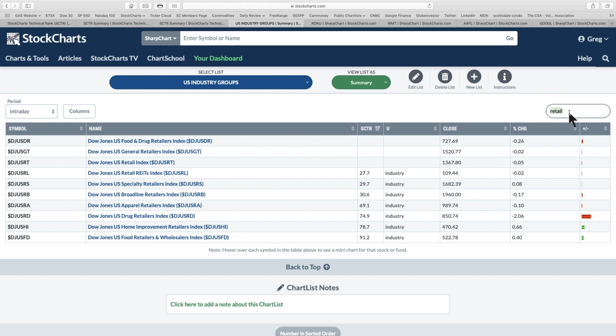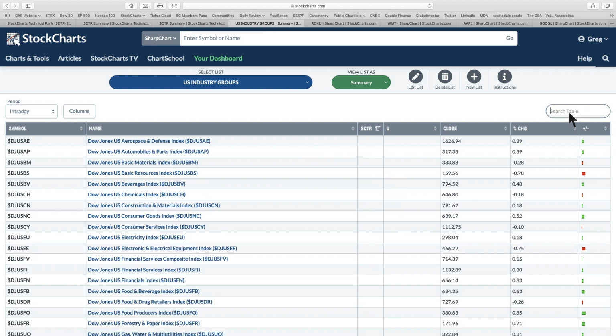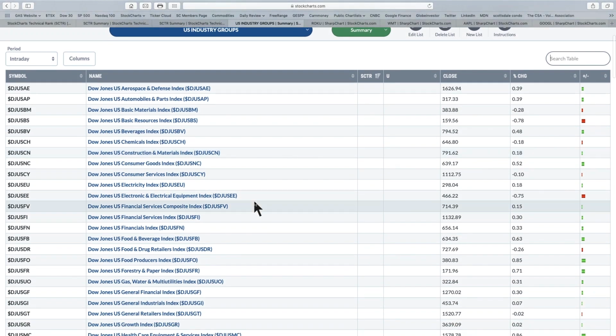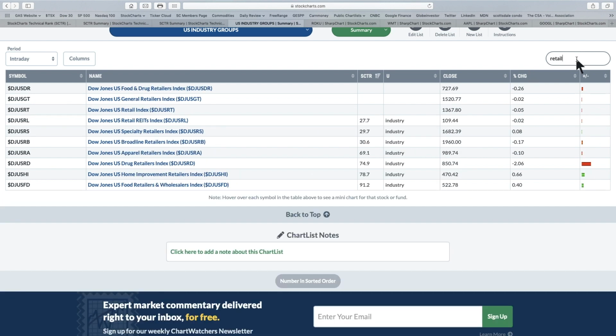So I have a listing of industry groups I've set up. Now, this also has different kinds of general groups. So if I put in retail here, we have a retail index, and this is a broad retail index, but we also have all of these different types: broadline retailer, specialty retailer, apparel retailer, and we have an industry group for each one of those.